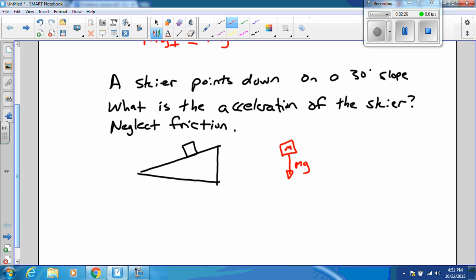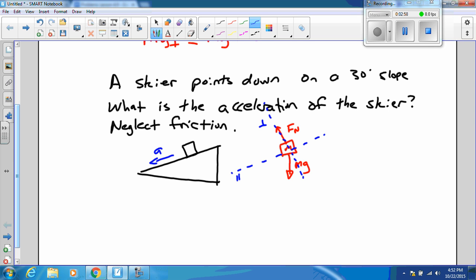And so this is our original mg. The skier is also going to experience a normal force pushing up from the snow. And since we are neglecting friction, there is no frictional force to add, and we are done. Now, the next thing is we're going to rotate our reference frame so that it lines up both in the direction of the normal force, but also in the direction that we know the acceleration is going to take place.